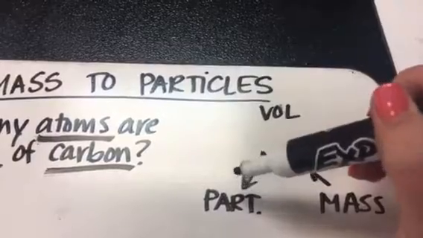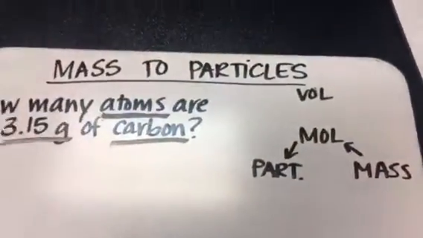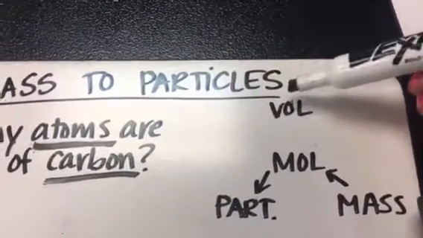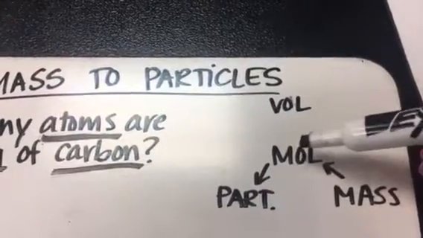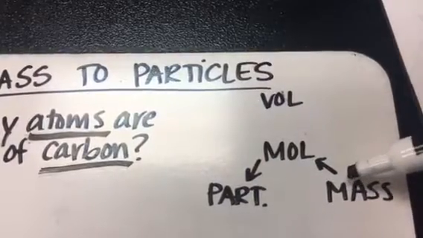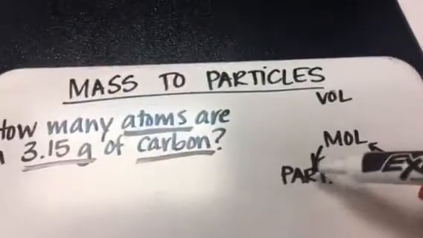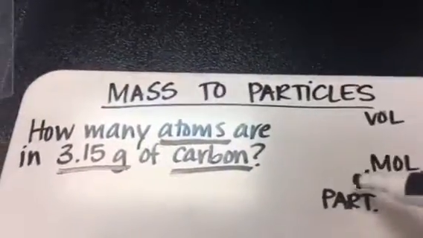Particles are the extra category that fits the description of stuff. Volume will always be in liters or milliliters, some unit that has liters in it. Moles will always be in moles, and mass will always be in some type of grams, whether kilograms, milligrams, or normal grams. Particles are going to be ions, atoms, molecules, etc.